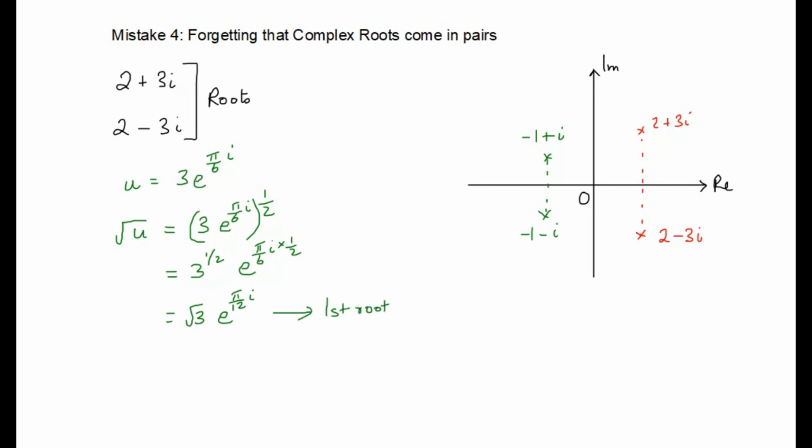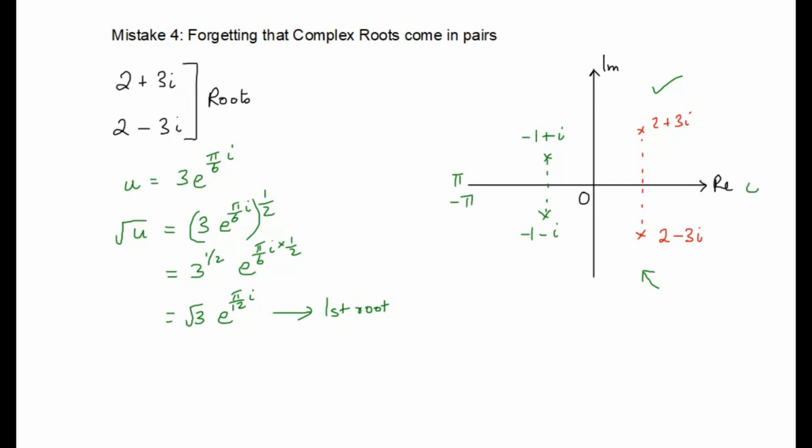The second root you can tell because pi by 12 lies in the first quadrant. Therefore, its conjugate should lie in the fourth quadrant here. Okay, our principal values for arguments of complex numbers go from pi to minus pi.